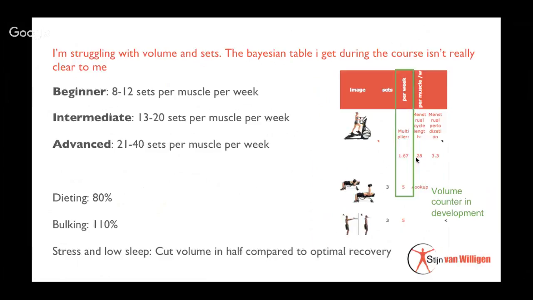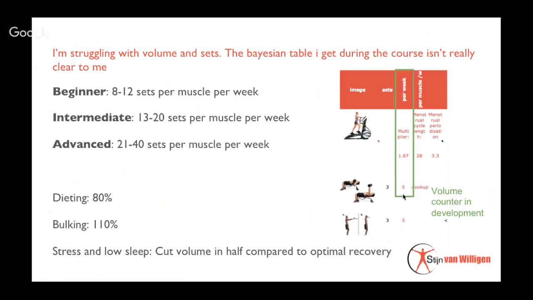And how I do this in practice is I just have these in my programming. I have these multipliers. For example, I have 3 different workouts that they do, and they do them 5 times per week. So in essence, they will be doing every single workout 1.67 times per week.